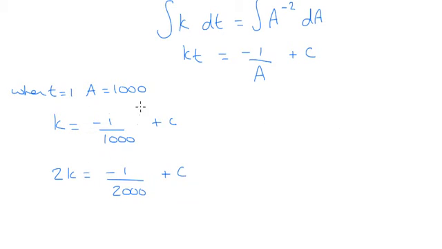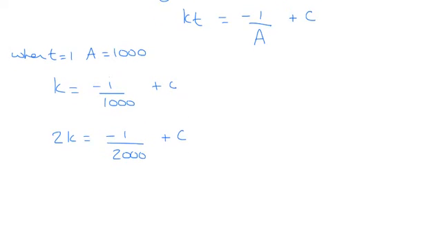So we've got a set of simultaneous equations here that we need to solve. We can solve them fairly easily. We've got a plus C on the end of here, so if we just subtract one equation from the other, the C's will disappear, and that will allow us to find K. So we're going to have minus K here, and we're going to need to do minus 1,000 minus 2,000, so that's plus 1 over 2,000.